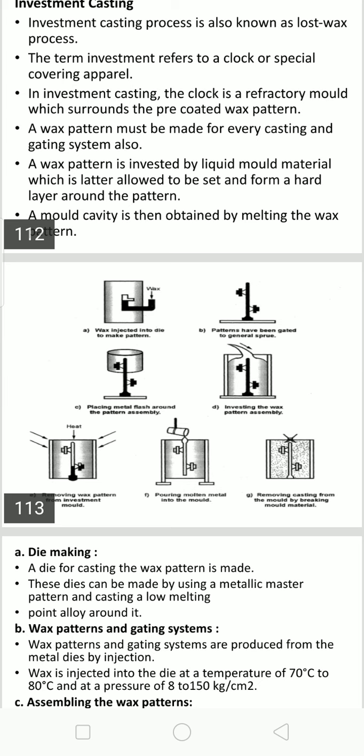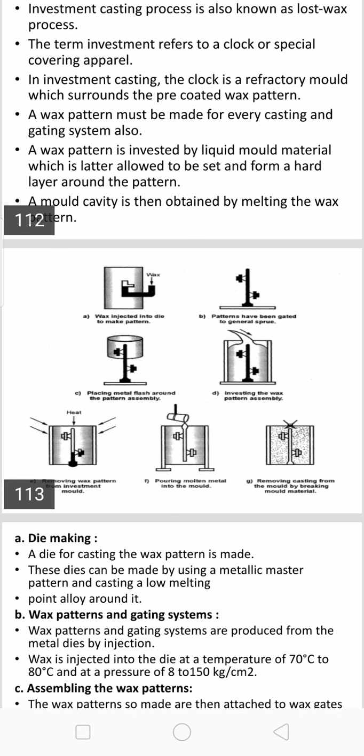So the molten wax is injected into the dies at about 75 degrees centigrade and allowed to solidify. After solidification, these dies, made in two halves, are opened and the wax pattern is taken out, and these wax patterns are assembled onto the board.